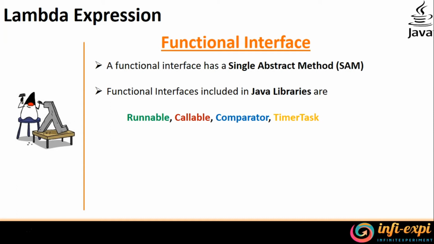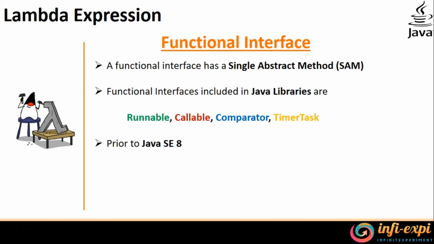Meaning, the Runnable interface contributes a single abstract method structure. So Runnable interfaces are now technically called functional interfaces from the version of Java 8. Callable is another example of a functional interface. Comparator is another example of a functional interface. So likewise, there are any number of predefined functional interfaces.